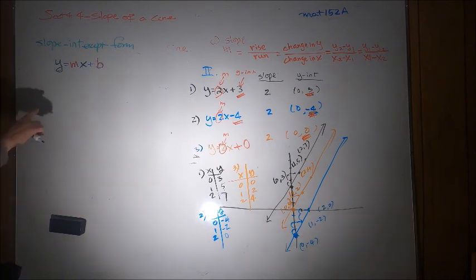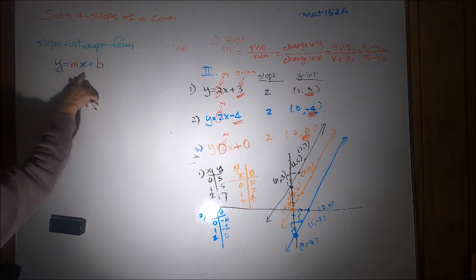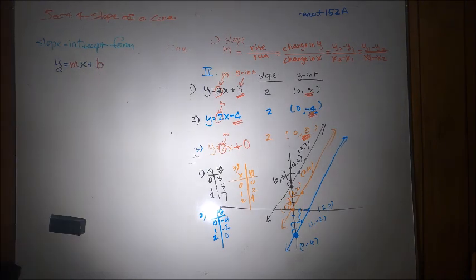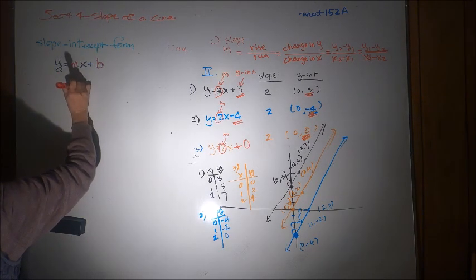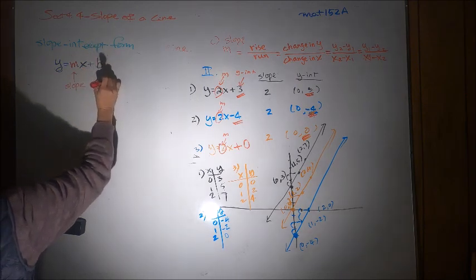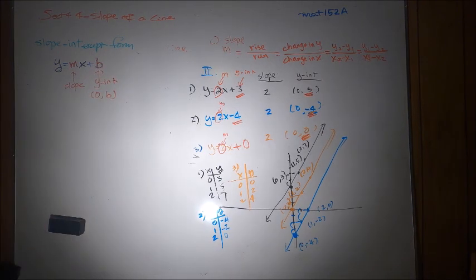So if you write y by itself, then something times x plus some number, the coefficient before the x, m, is your slope. Then b will be your y-intercept, that means (0, b), right?